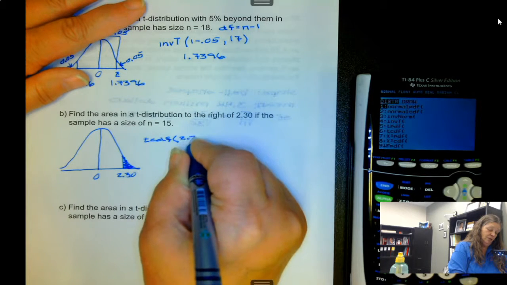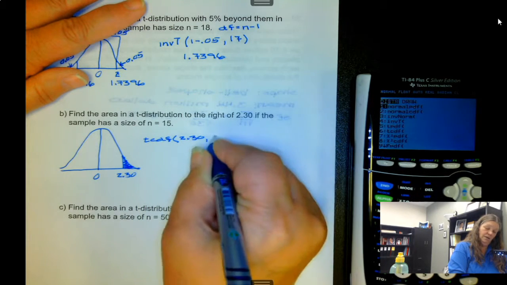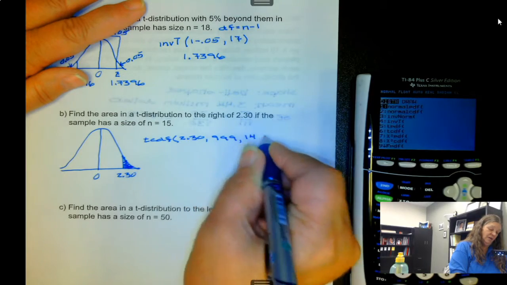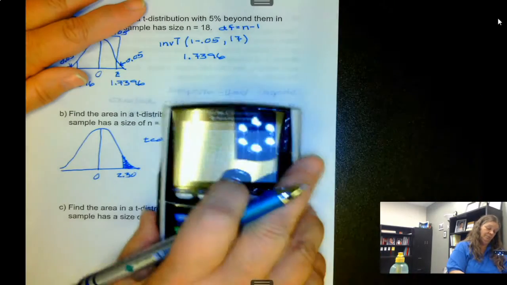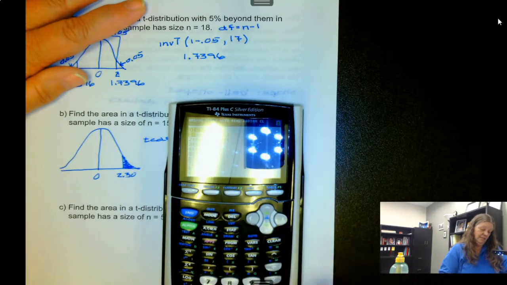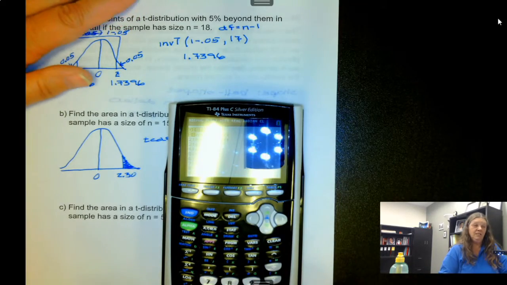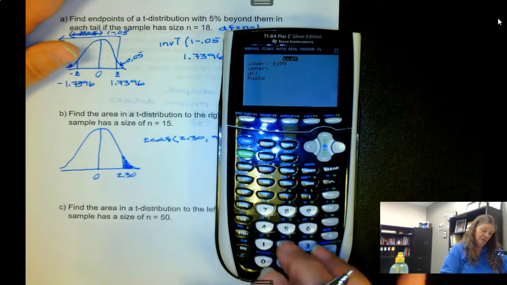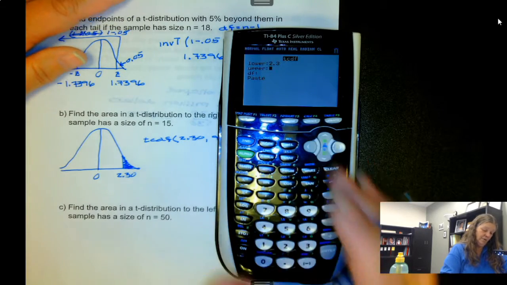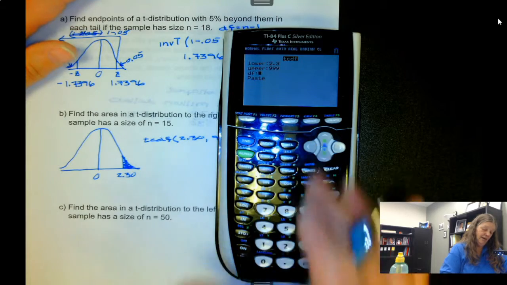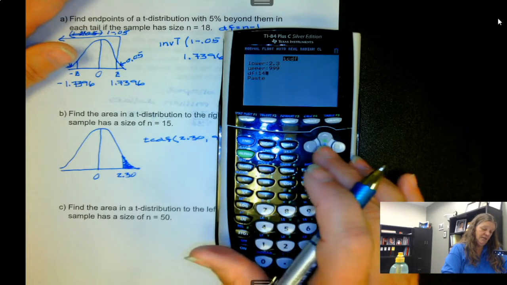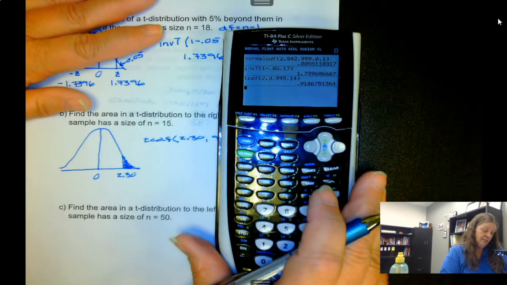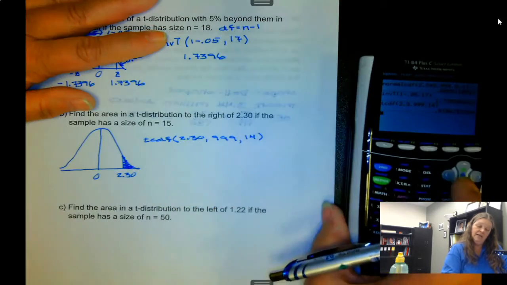Lower limit is 2.30, upper limit 999, and our degrees of freedom is 14. TCDF on mine is option 6. So we have 2.3 as the lower limit, 999 as the upper limit, 14 as the degrees of freedom. And we get 0.0187.